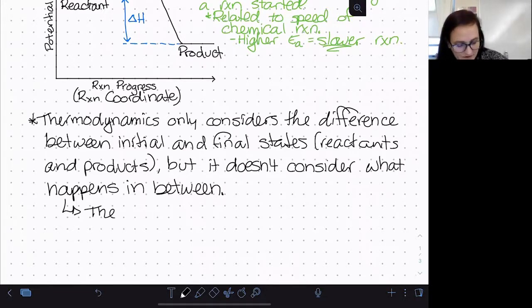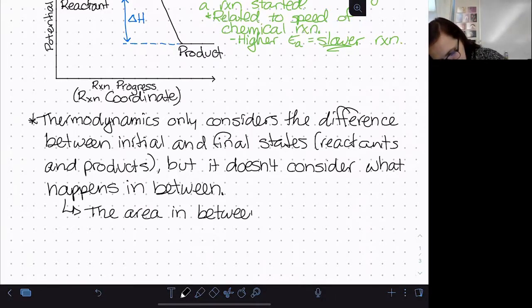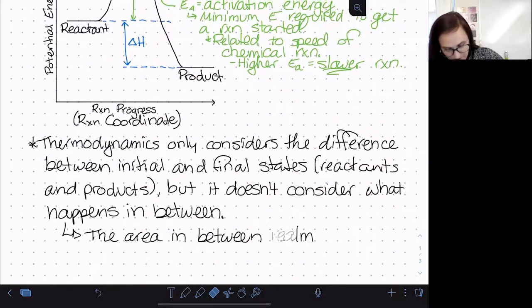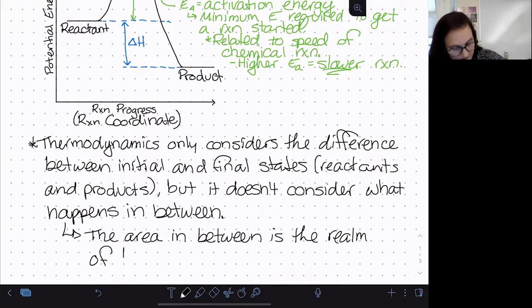So this in-between zone... There we go. The area in between is the realm of kinetics.